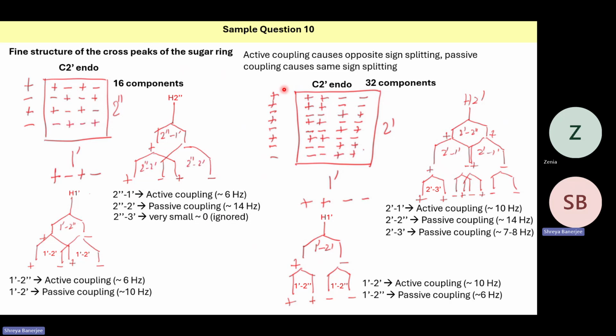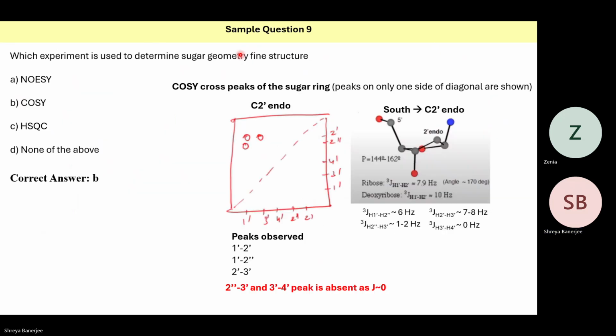So like that, the fine structure of each peak can be determined, and by multiplying them, we will get the fine structure of each of these cross peaks of the sugar ring. So to determine the sugar geometry fine structure, it is the COSY experiment that is done, which is option B.